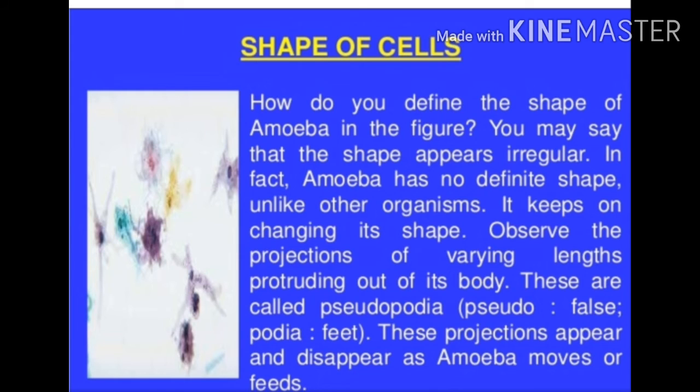In the figure you can see projections of varying length protruding out of the body of the amoeba. These are called pseudopodia. Pseudo means false and podia means feet. So these are the false feet of the amoeba, and these appear and disappear as the amoeba moves or feeds.